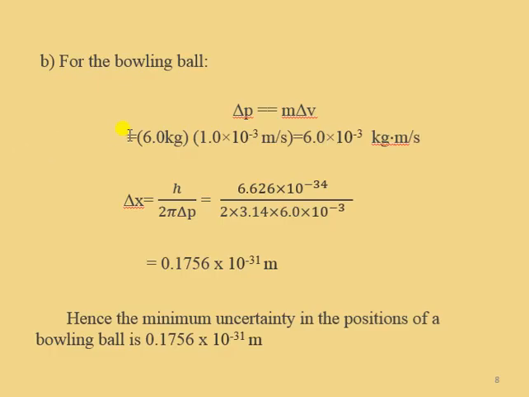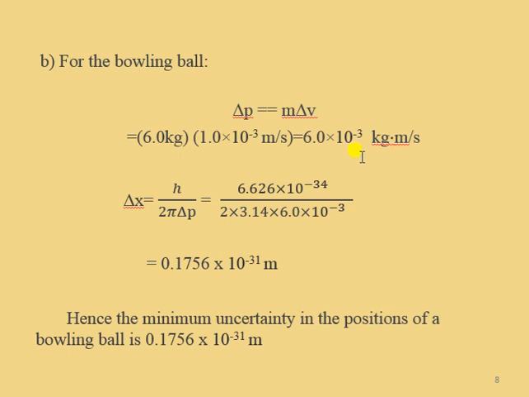Now the second object, the bowling ball. Again, uncertainty in momentum equals mass into uncertainty in velocity. The mass of the body is given as 6.0 kg. Multiplying by the uncertainty in velocity, it is equal to 6.0 into 10 raised to minus 3 kg meter per second.